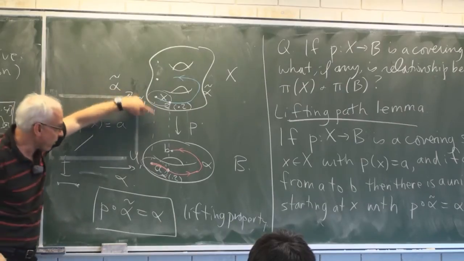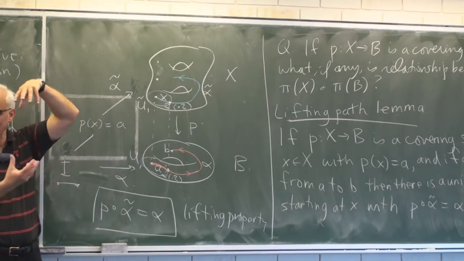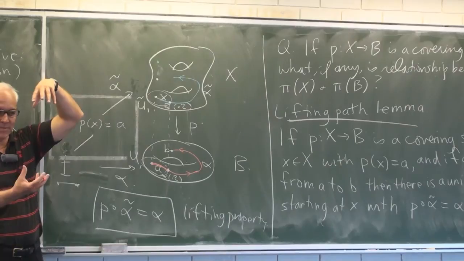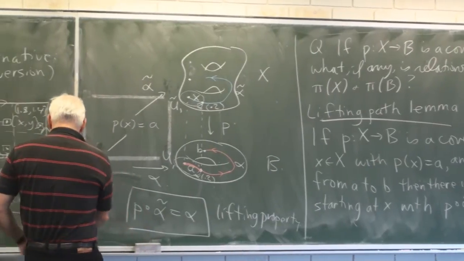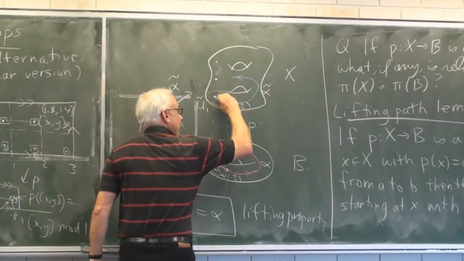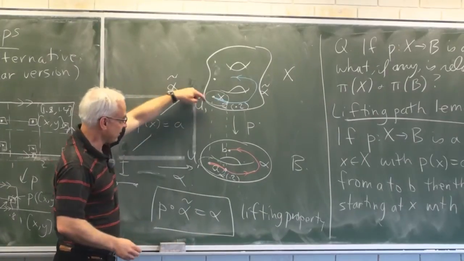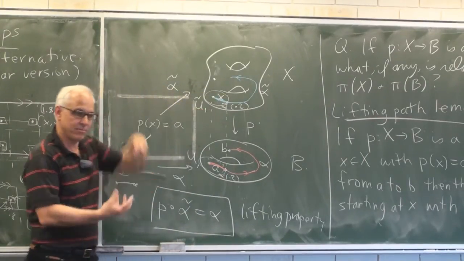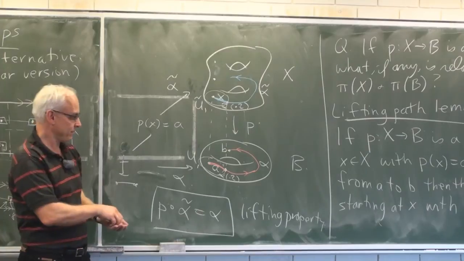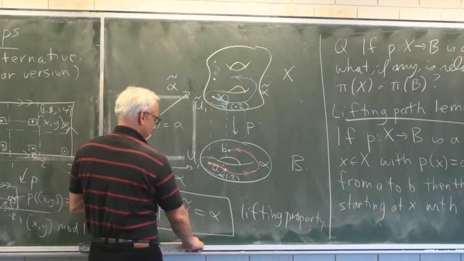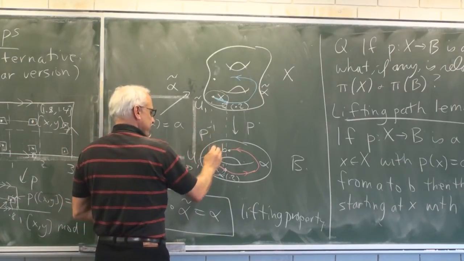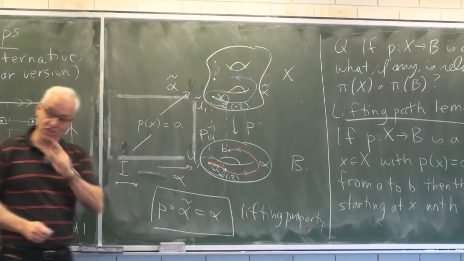Because P is an isomorphism at the level of these two open sets. So there will be exactly a unique path in U1 tilde that lifts this path down here. We just go via P inverse, well, P restricted to U inverse.